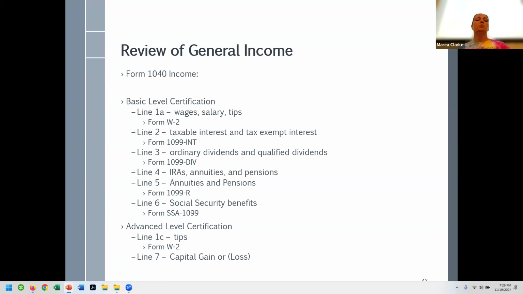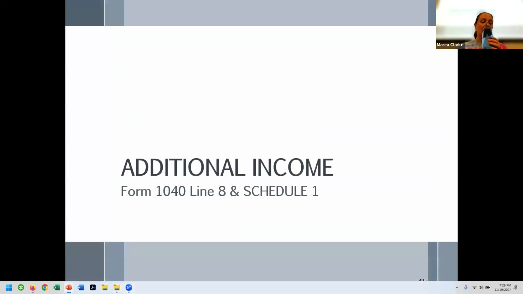We don't need to worry about only the certain things that only basic level certification can do. We do see capital gains at our tax clinics. So there are definitely people out there that are trading. Those are the very common types of income.